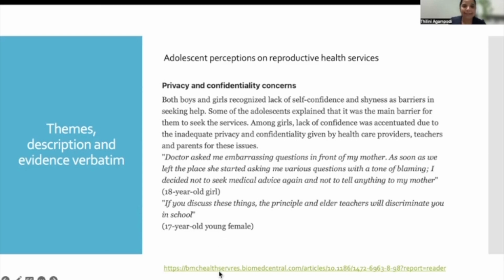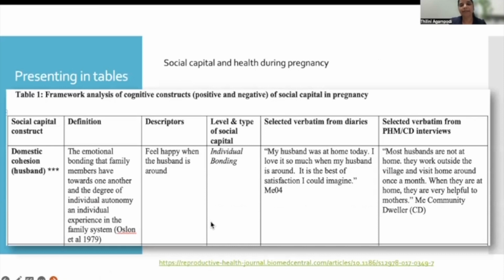You have access to the articles I describe with these links. The second way of presenting is you can present the data in a table. So this is on the social capital study, the social relationship study, where you saw the transcript before. This is about one of the constructs of social capital, domestic cohesion.